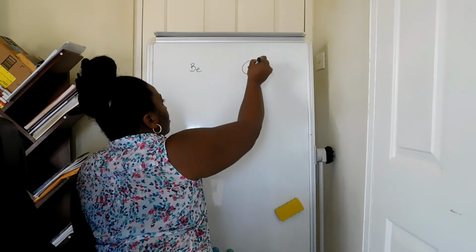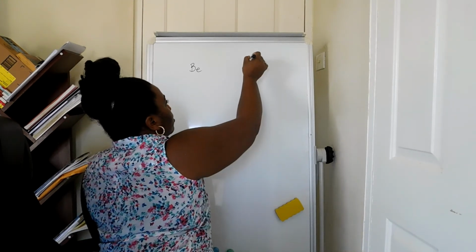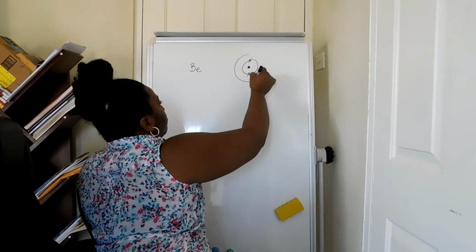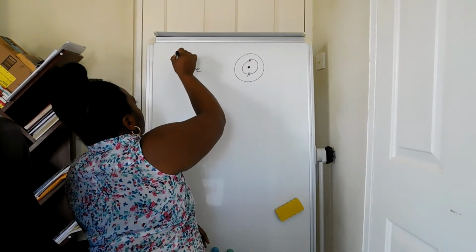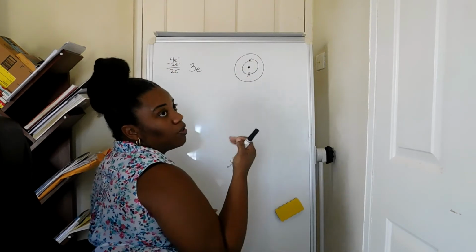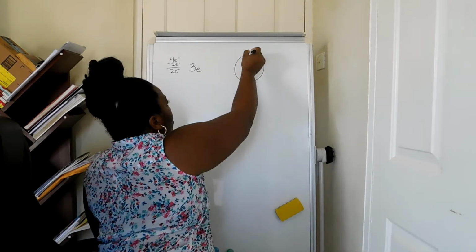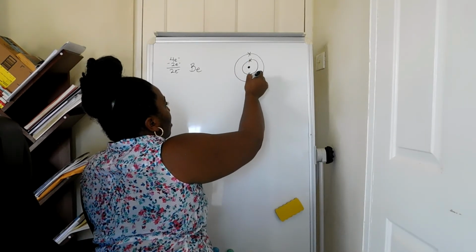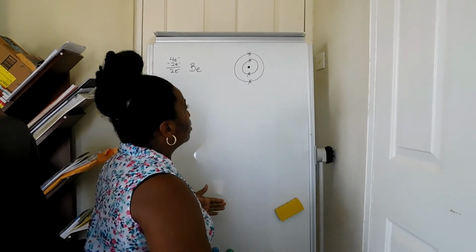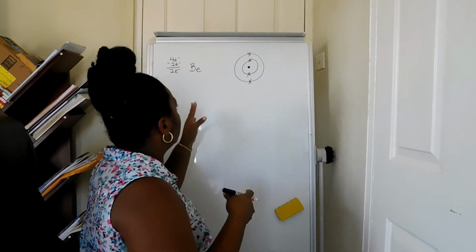And remember, if beryllium has 4 electrons, the first energy level can hold 2 electrons. And 4 electrons minus 2 leaves 2. And remember, the second shell can hold 8, so there is space for these 2. And so 12 and 6 o'clock position. Okay? 12 and 6 o'clock position. You need to have the electrons as far apart as possible in your little schematic.